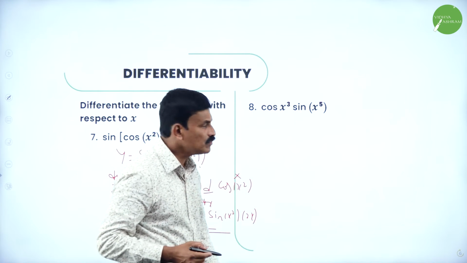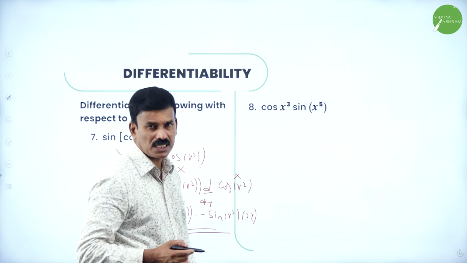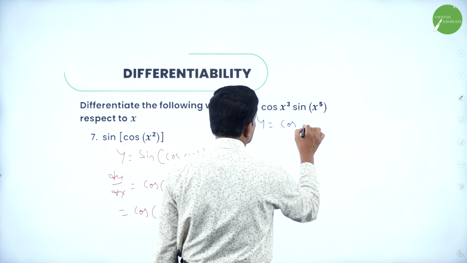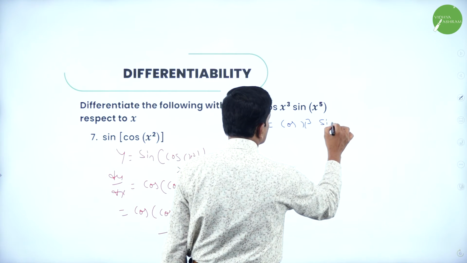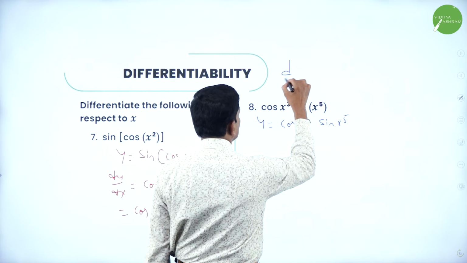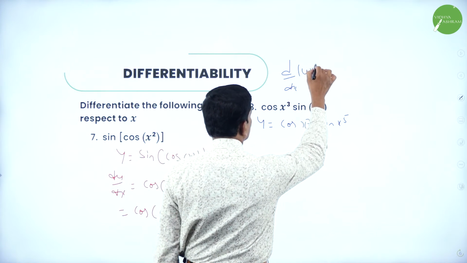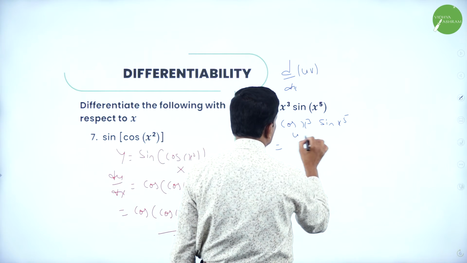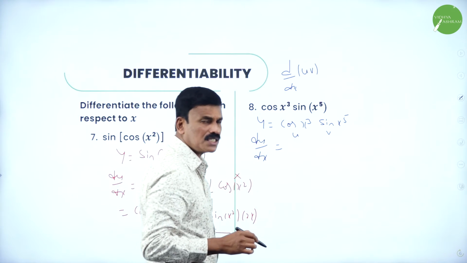Now what is the problem? Cos x cube into sin x cube. So here let us consider y is equal to cos of x cube into sin of x cube. If you observe carefully, this is of the form d by dx of uv, product rule. dy by dx is equal to, this is u and this is v, first function and second function.